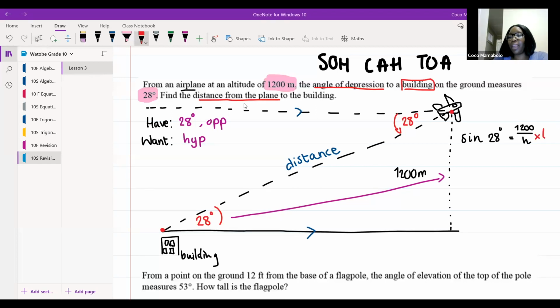Okay, so we're going to multiply by h, then h divided by h will give us 1. Those two will cancel. And then I need h on its own. So now I've got h sine of 28 degrees is equal to 1,200. What's my next step?